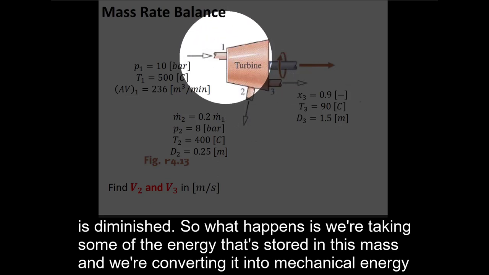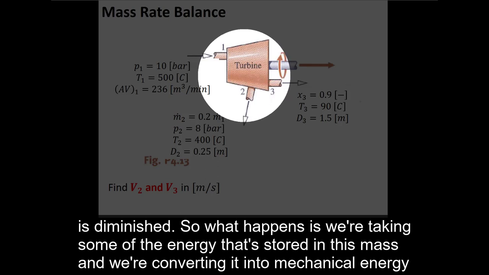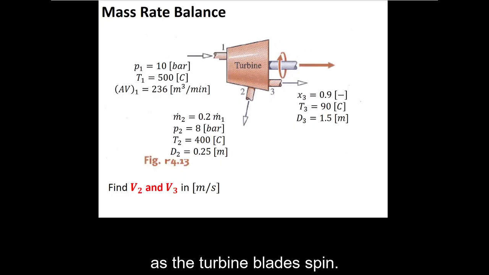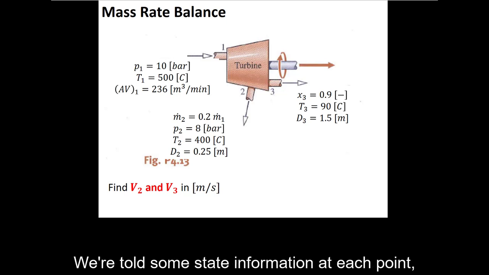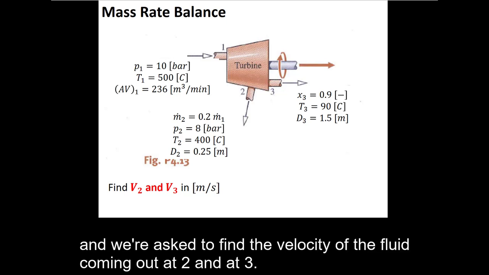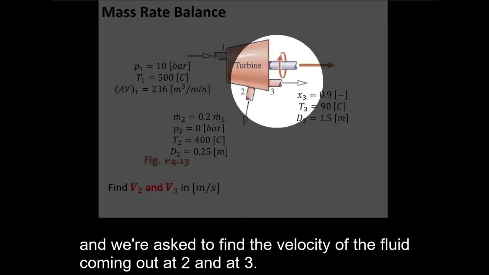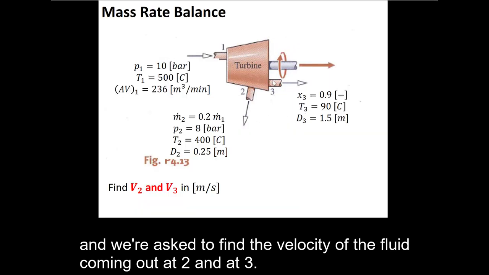So what happens is we're taking some of the energy that's stored in this mass and we're converting it into mechanical energy as the turbine blades spin. We're told some state information at each point, and we're asked to find the velocity of the fluid coming out at 2 and at 3.